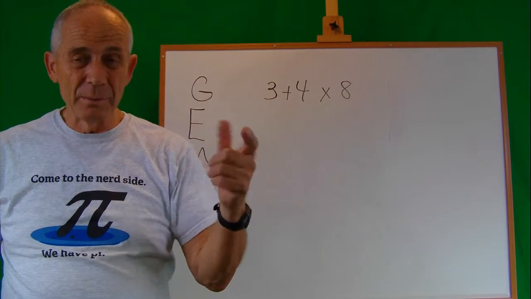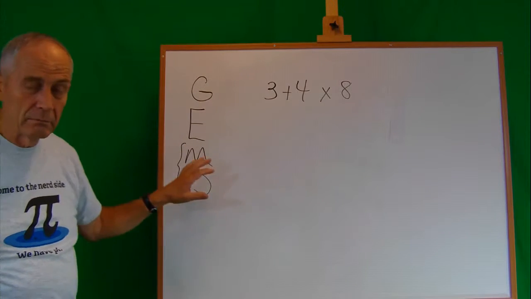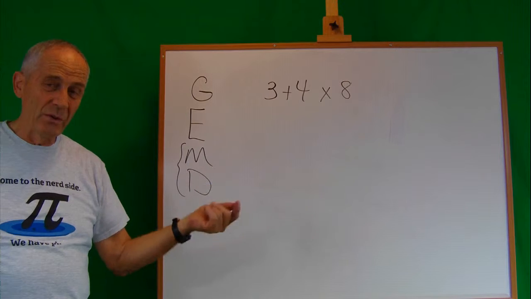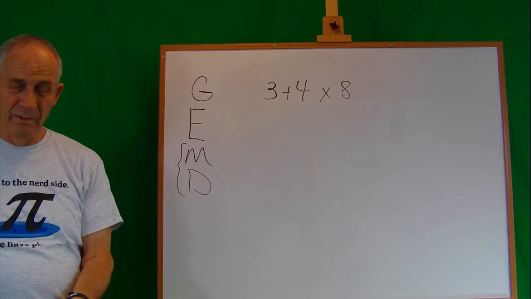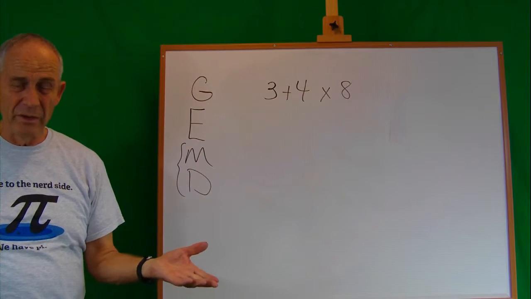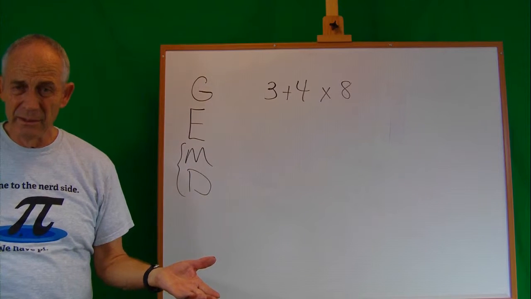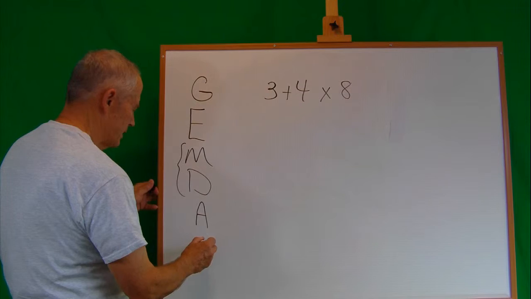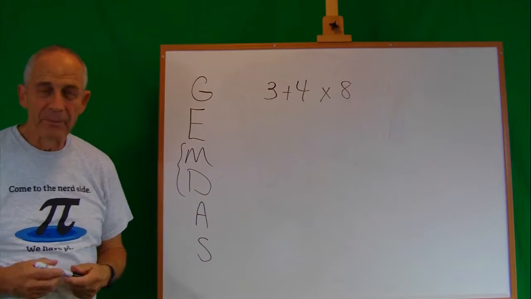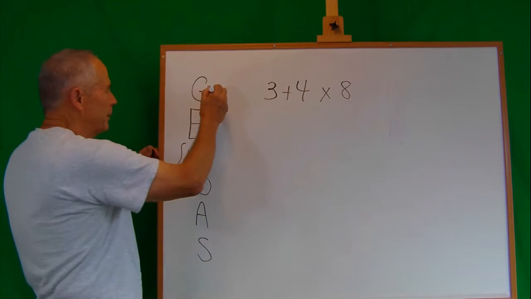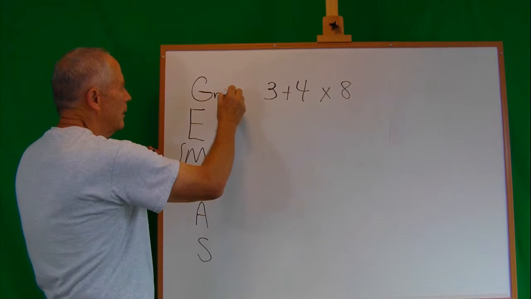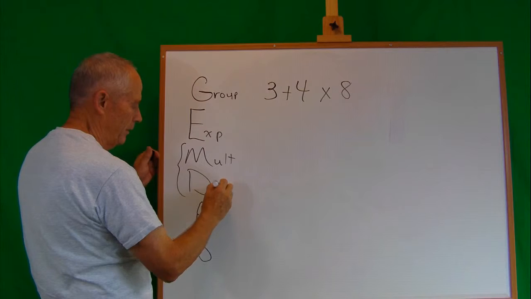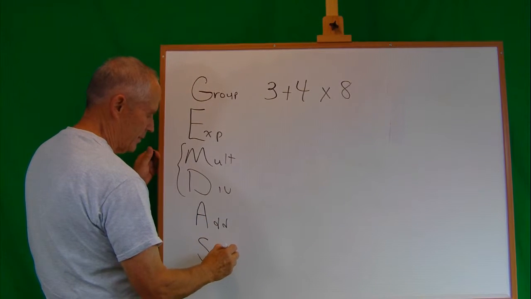So multiplication and division are basically considered the same operation. So we just do them as we come to them, left to right. Multiplication or division, either one, doesn't matter. And the last thing we do is adding and subtracting. So this is grouping, this is exponents, multiplication, division, add, and subtract.